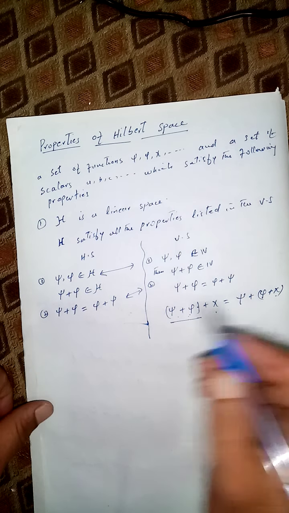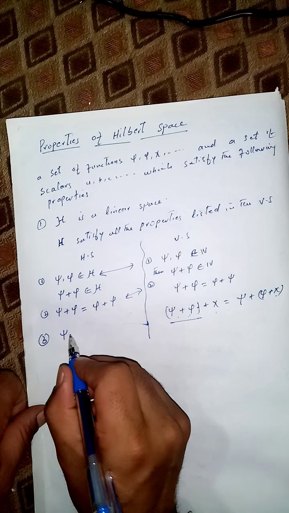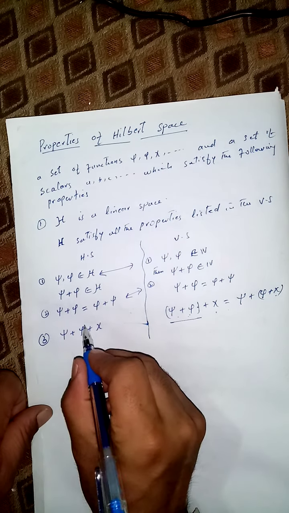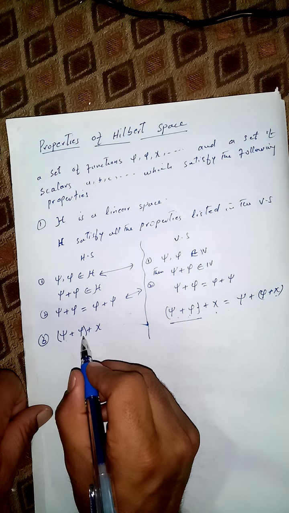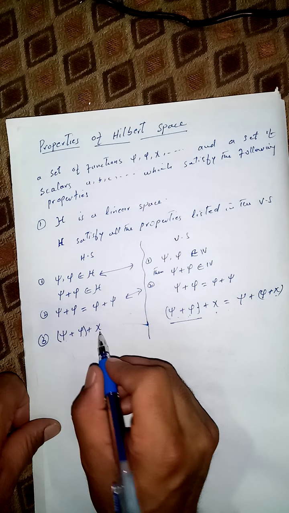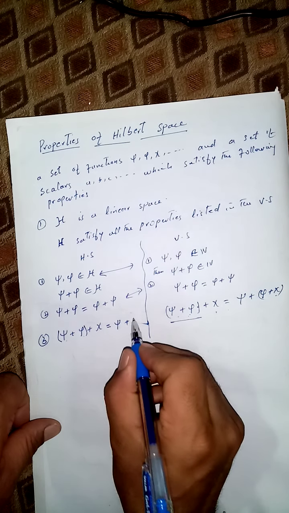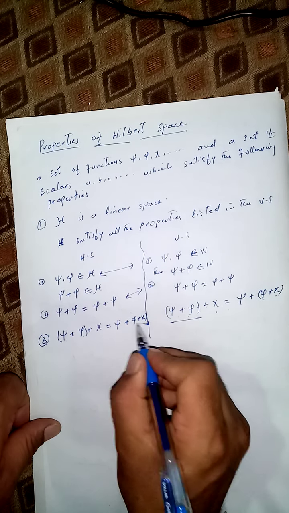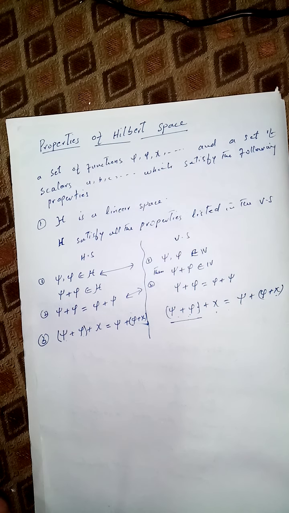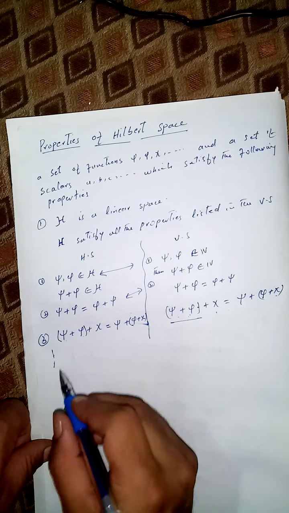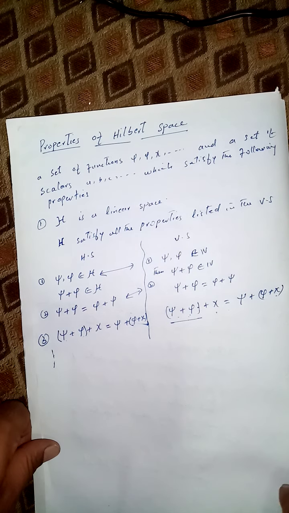The same is true in Hilbert space. If we have three functions psi, phi, xi, if we add the first and second function first and then add it with the third function, the result will be the same if we add the second and the third first and then add with the first function. And there are also a few other properties of the addition rule.